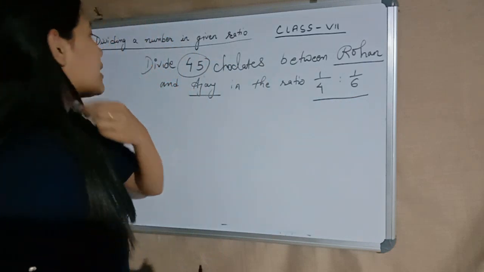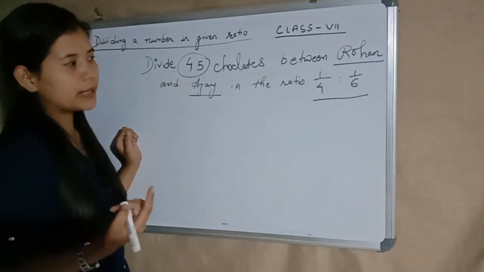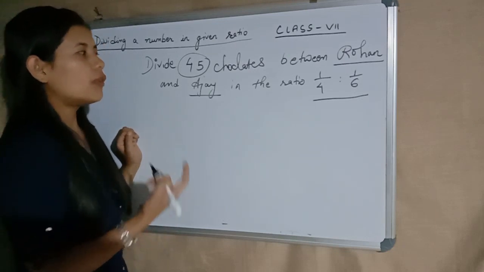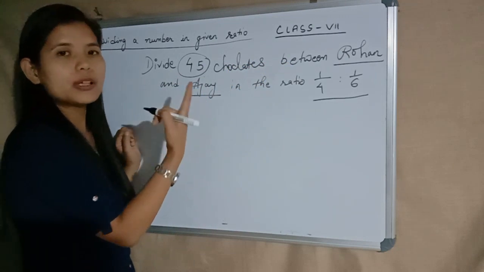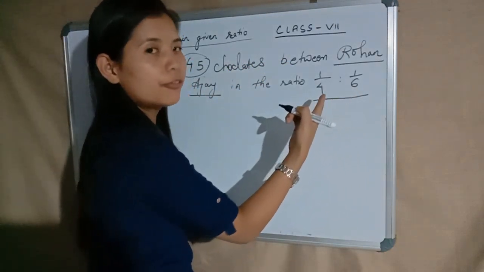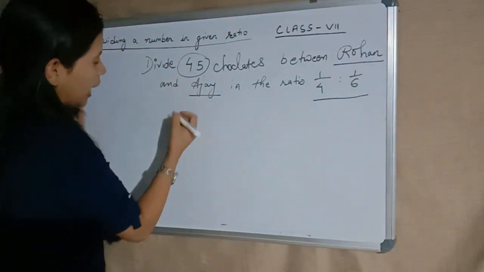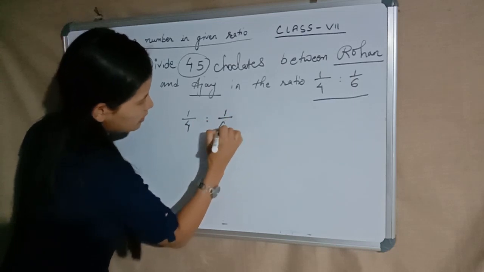As I said earlier, we should always have the ratio in the simplest form. So before we find the shares of Rohan and Ajay, our first task is to convert this ratio into simplest form. So I have the ratio 1 by 4 is to 1 by 6.